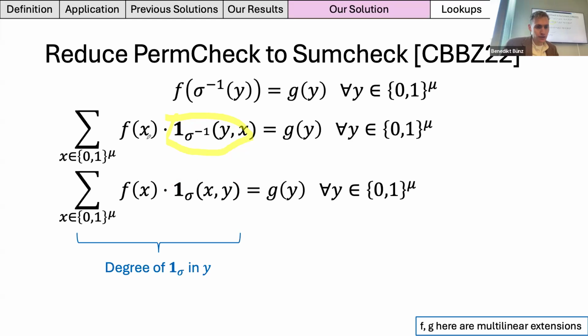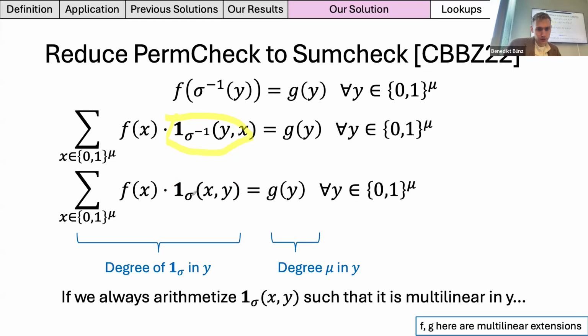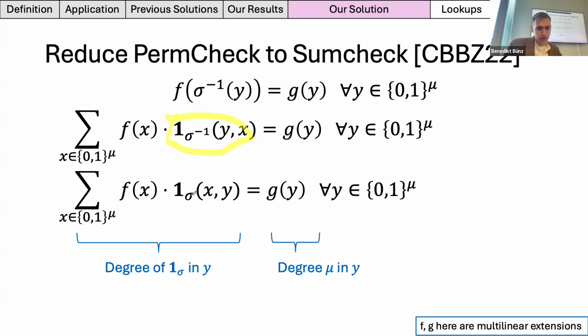But what degree is it? This is degree mu in y on the right side.